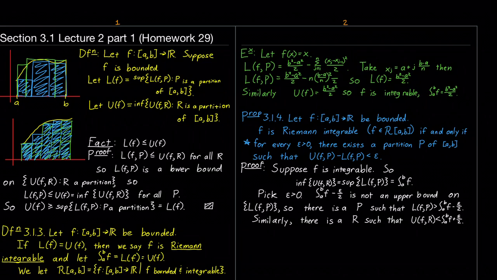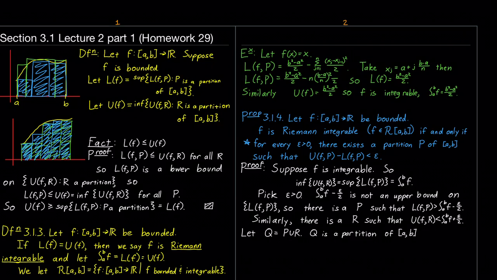Now, P and R are not necessarily the same partition. However, we can work around that. So let Q be the union of P and R. Q is a partition of [a, b].